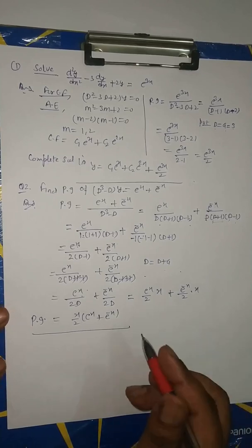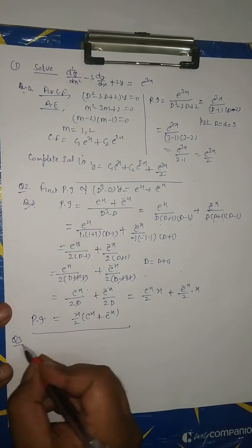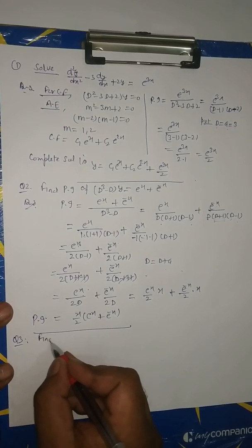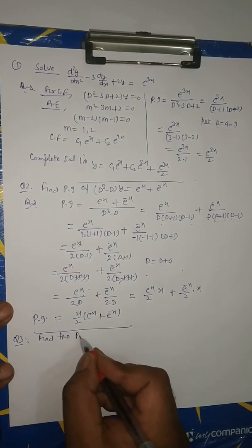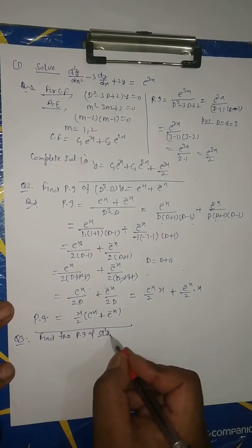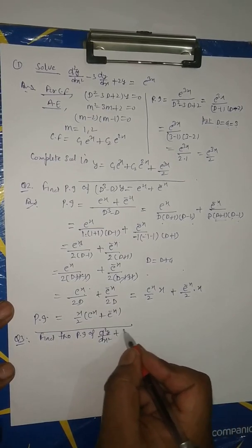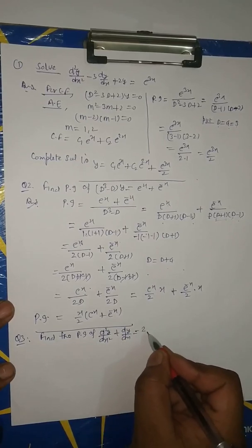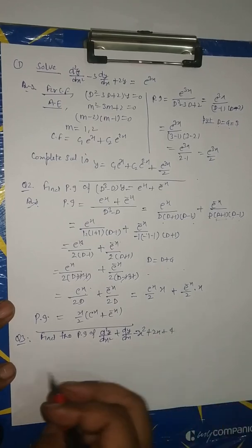Now next, question number 3. Find the PI of d2y upon dx2 plus dy/dx equal to x square plus 2x plus 4.